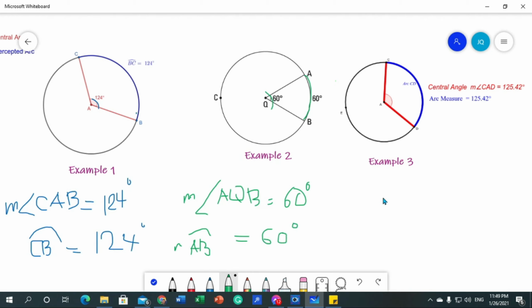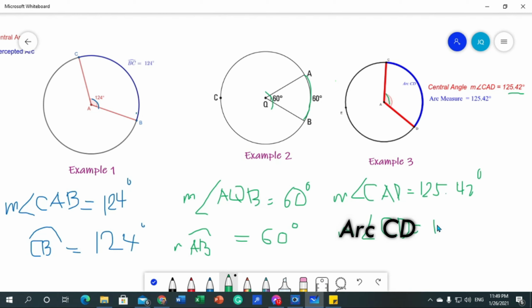Our central angle is angle CAB, and its measure is here, it's letter D, sorry, 125.42 degrees. The intercepted arc is arc CD, and its measure is 125.42.